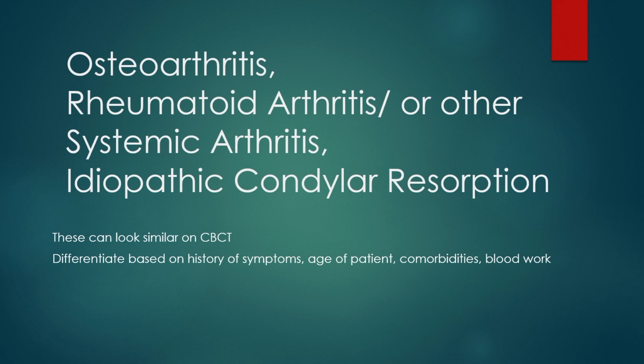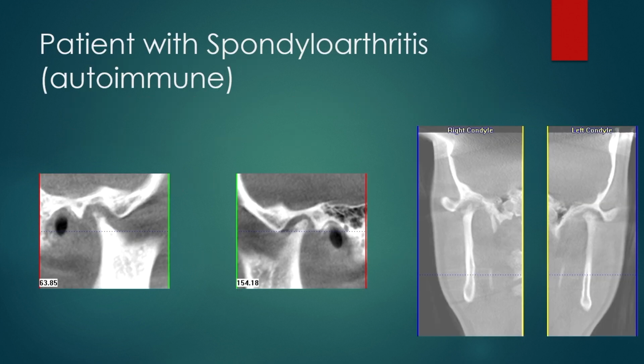So if you look at an image and you see a young child or a young teen with joint changes, arthritis, that's not normal, so I would do blood work. Or if you see somebody that has multiple joints that are painful, you would do blood work. Does that make sense? Just to figure out what else is going on.